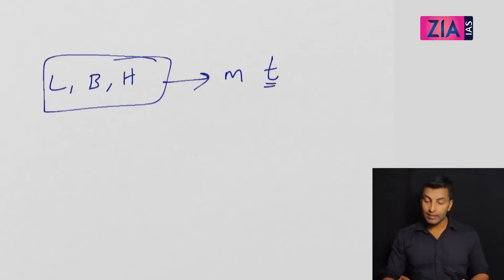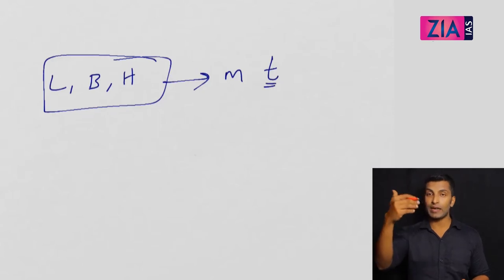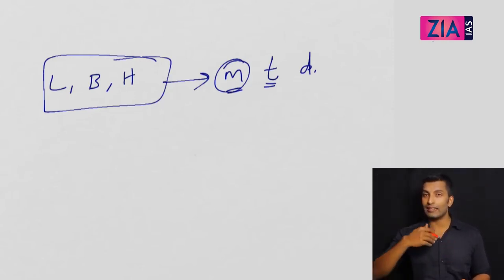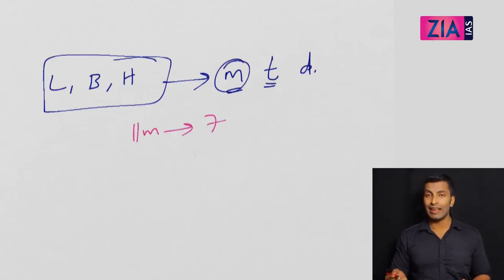That's what I mean by this T. The working time per day is maybe 8 hours, 10 hours, etc. Then the men involved is also given, and the number of days will also be given. In the previous cases they just tell you 11 men can finish a work in 7 days, so in how many days can 7 men finish?